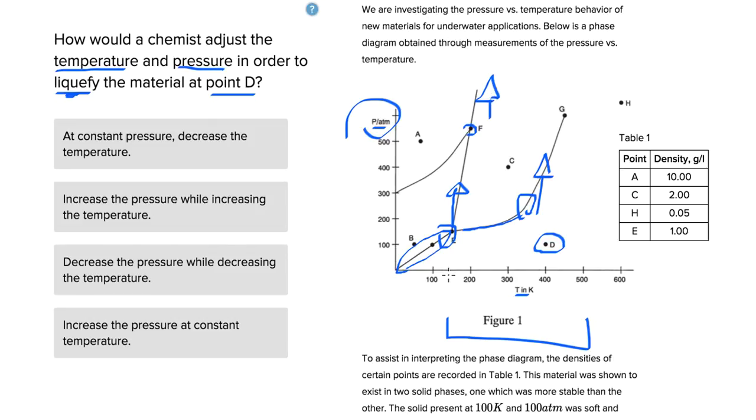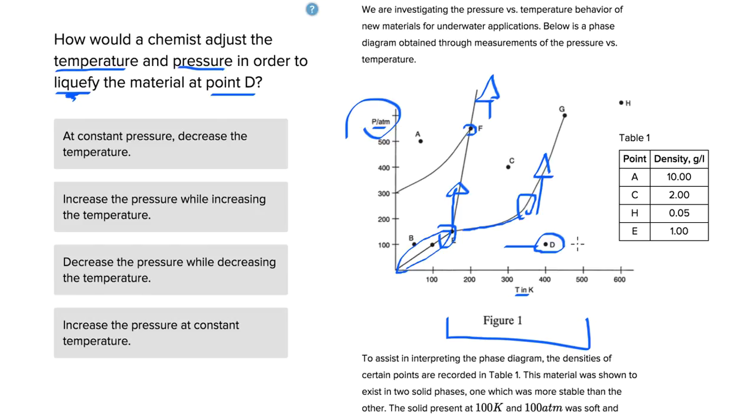Well, if we assume that the material is solid at a lower pressure down here where point D is, and we need to make that assumption because we want to liquefy that material, then going from left to right, if you want to make a material liquid, as the temperature increases, it's very likely that a solid will melt and change state of matter so that the pressure changes dramatically, and it might be liquefied.